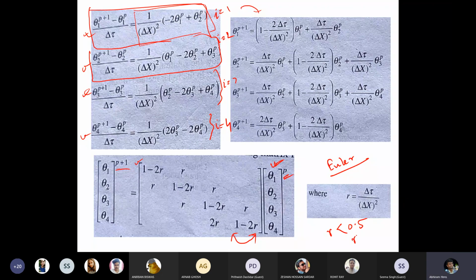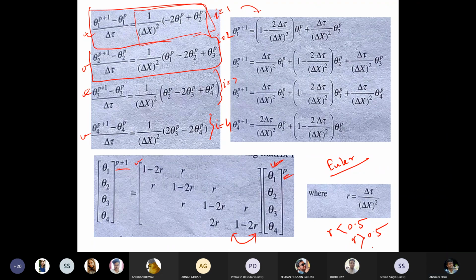If it is greater than 0.5, then what will happen? The diagonal element will be negative at some point, and if any matrix has a negative diagonal element, then the numerical solution will be unstable in nature. So this will give you an unstable solution if you take r more than 0.5.